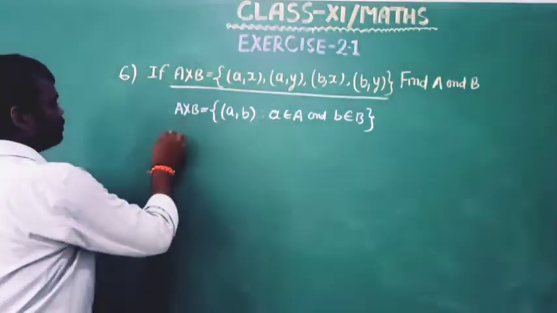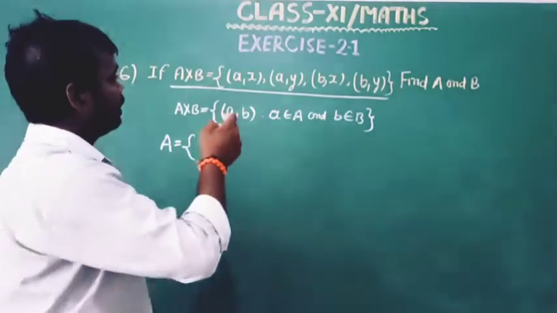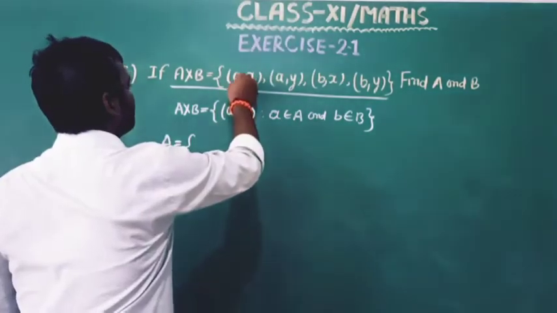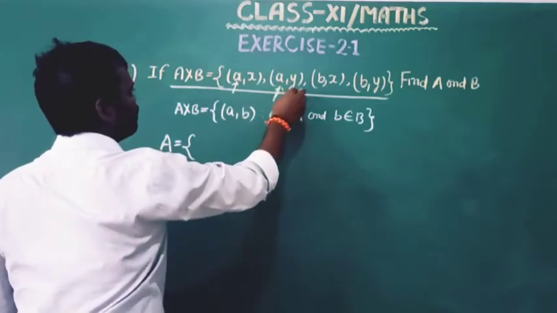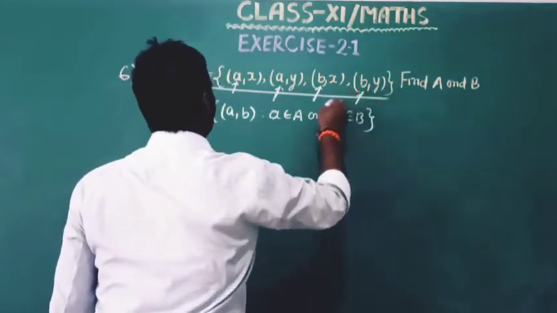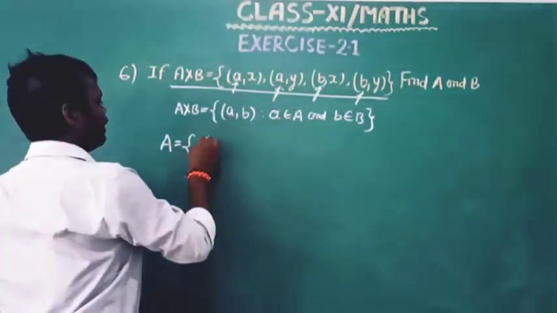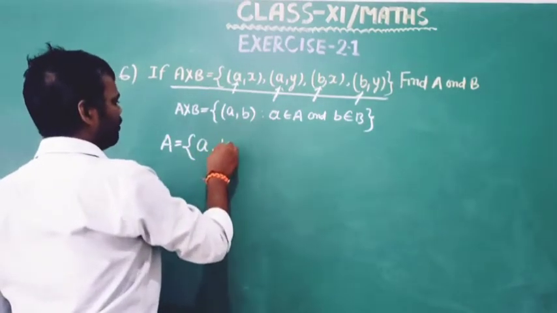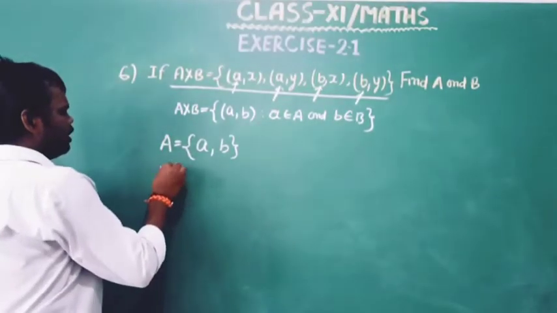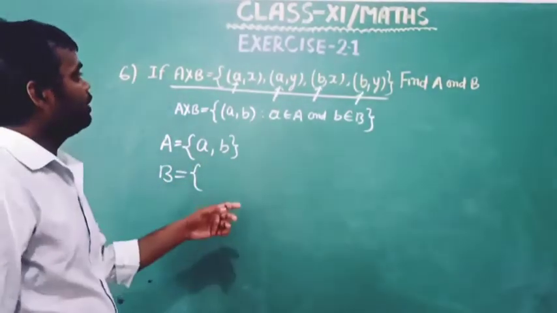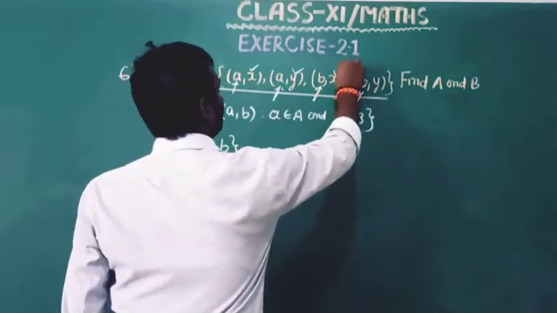So in A cross B, in each ordered pair, the first component belongs to set A and the second belongs to set B. Here the first components are a and b, so set A is {a, b}. The second components are x and y, so set B is {x, y}.